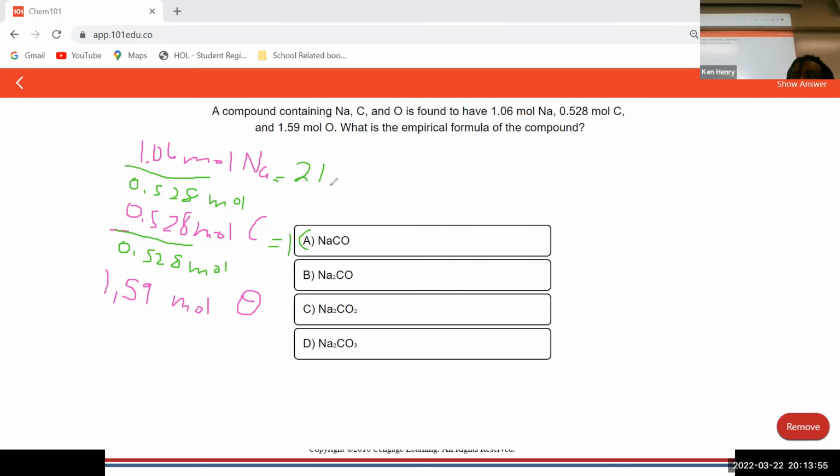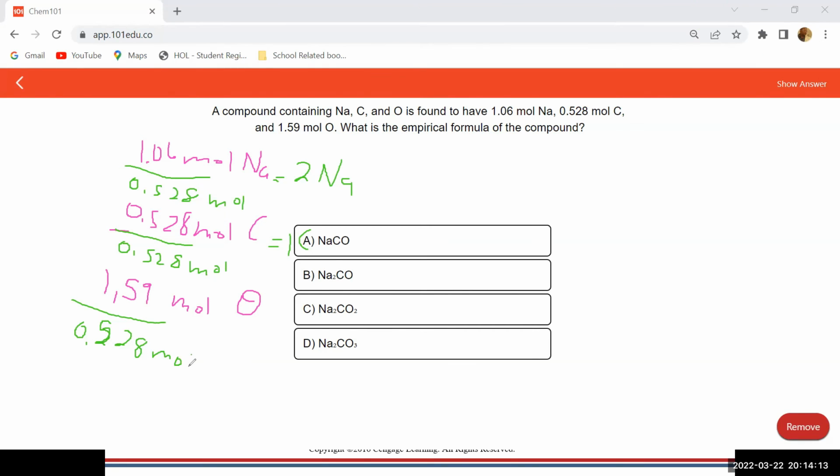So we have 2 for sodium, and 3 for oxygen.